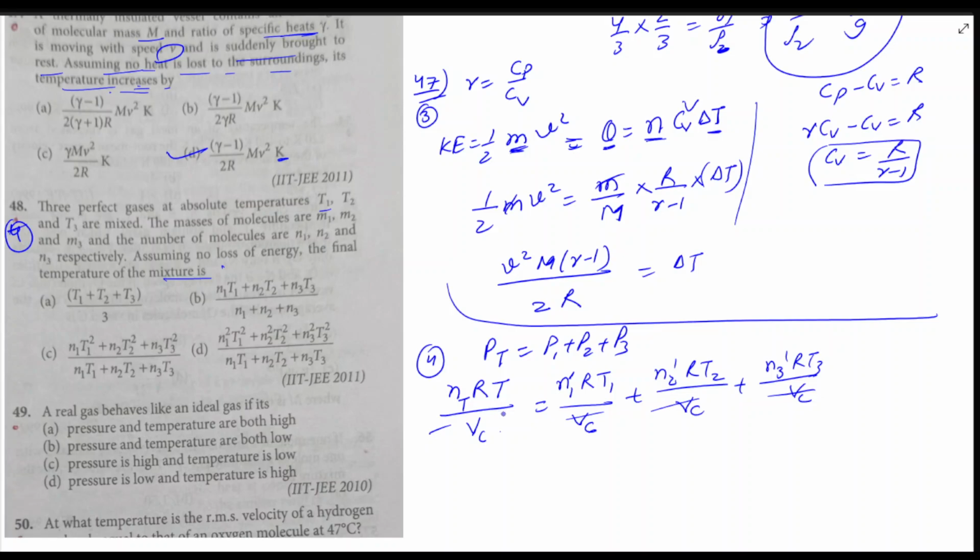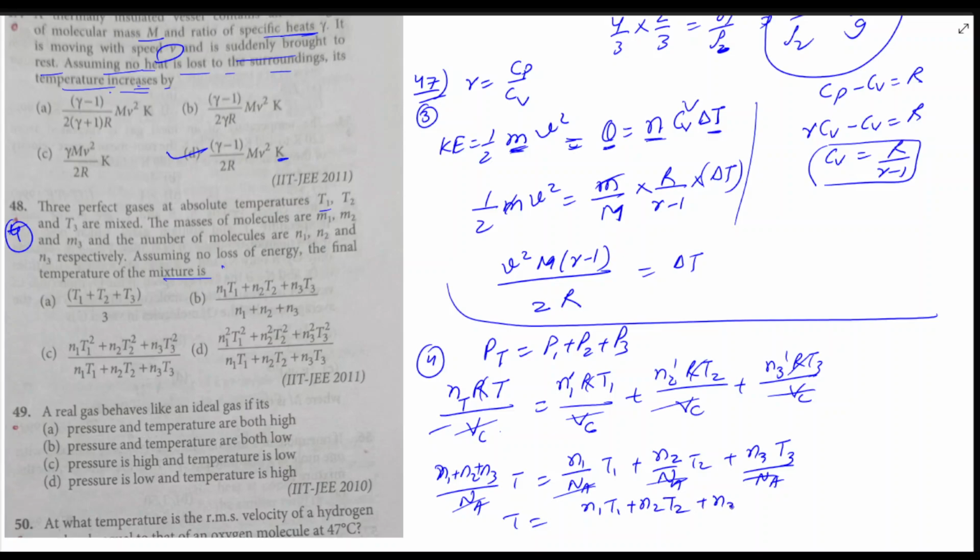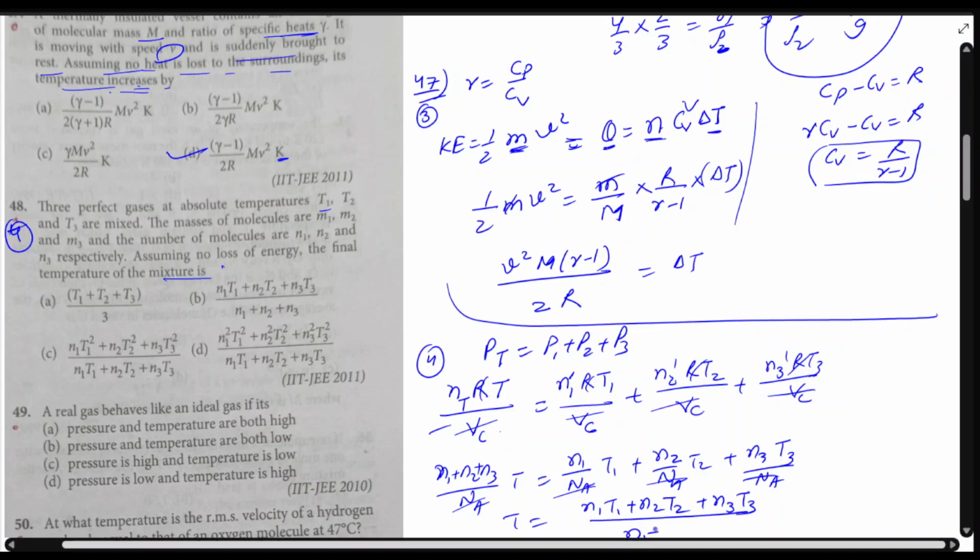So VC will get cancelled, R will get cancelled. Now N total, the total number of molecules, is N1 plus N2 plus N3 divided by Avogadro number, times T, equals N1 by Na T1 plus N2 by Na T2 plus N3 by Na T3. Na will get cancelled, so T will be N1 T1 plus N2 T2 plus N3 T3 divided by N1 plus N2 plus N3.